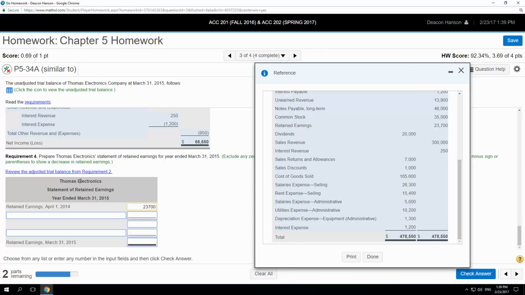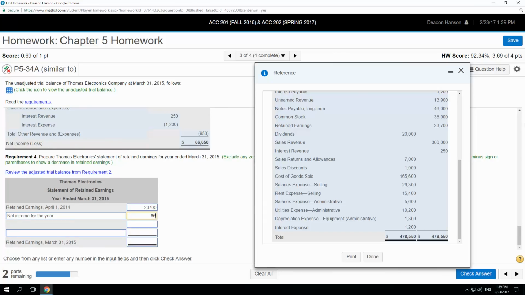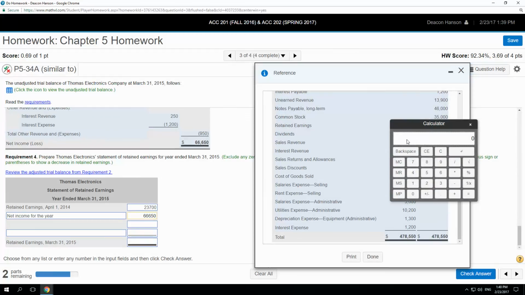Okay. Then what do we do? We add net income. Remember? Net income for the year, 66,650, we just figured it out from the income statement right up here. So if we add the two, we're going to get a subtotal. And our subtotal is 90,350.